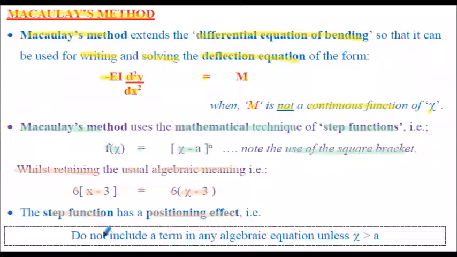In other words, we do not include a term in any algebraic equation in Macaulay's method unless x is greater than a, where a is a number. So considering these expressions again, this expression in pure algebraic form is valid whether the x is greater than or less than 3, but with the square brackets when using step functions, if x is less than 3, we would ignore the bracket. You'll see this later in the process we apply when solving for beam deflections.